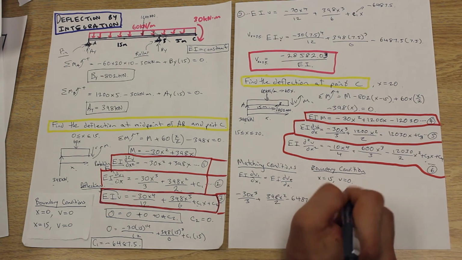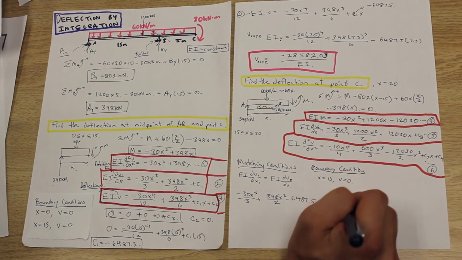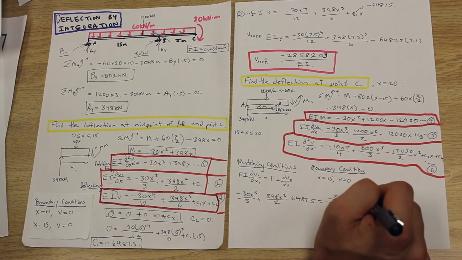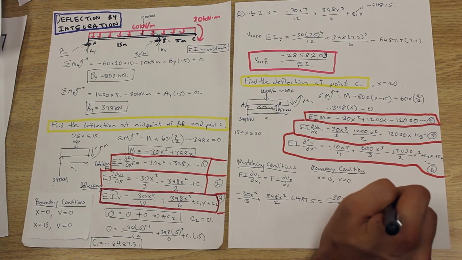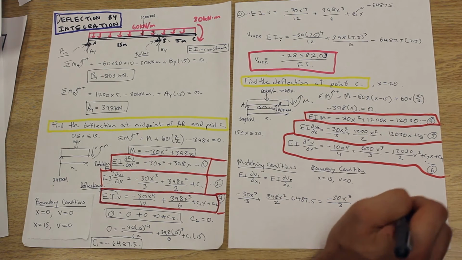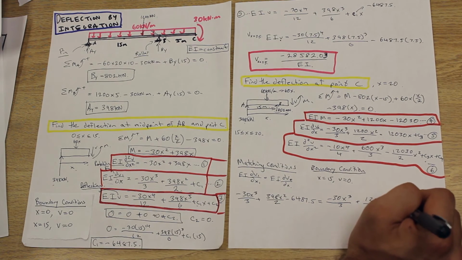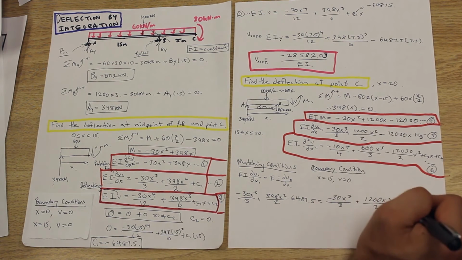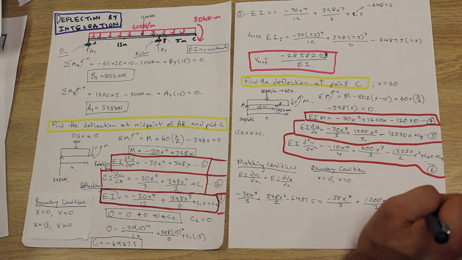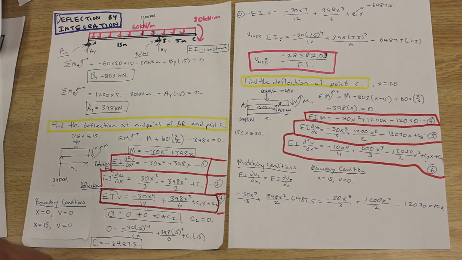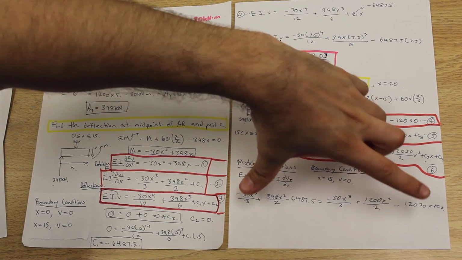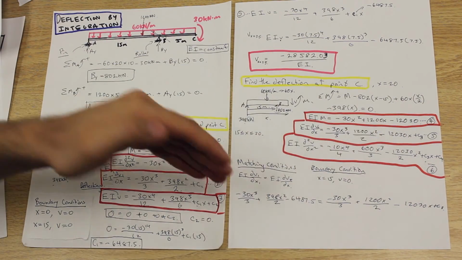So equation 5 is, okay, so that's C3 there. And so we have an equation here, and we have one unknown.